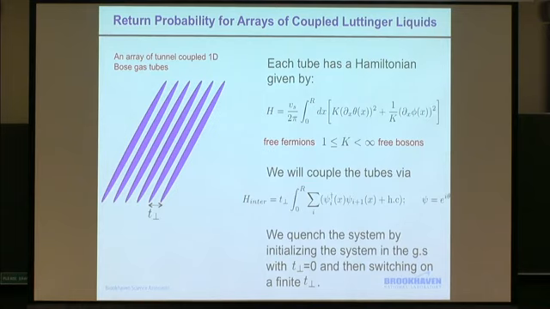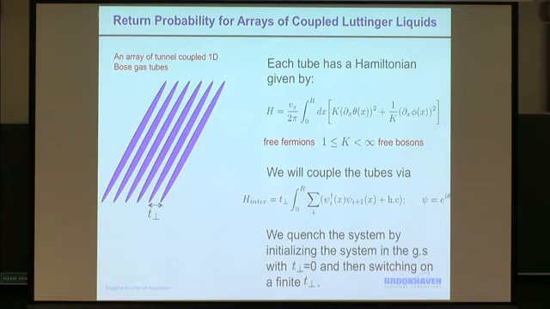And here's the Hamiltonian for each of these tubes. The Luttinger parameter K can vary if they're to represent 1D Bose gases. It can vary between 1, where the gas is in the Tonks-Girardeau limit, so it's basically free fermions, and infinity, where basically you have non-interacting bosons. So that's the relevant range for K.